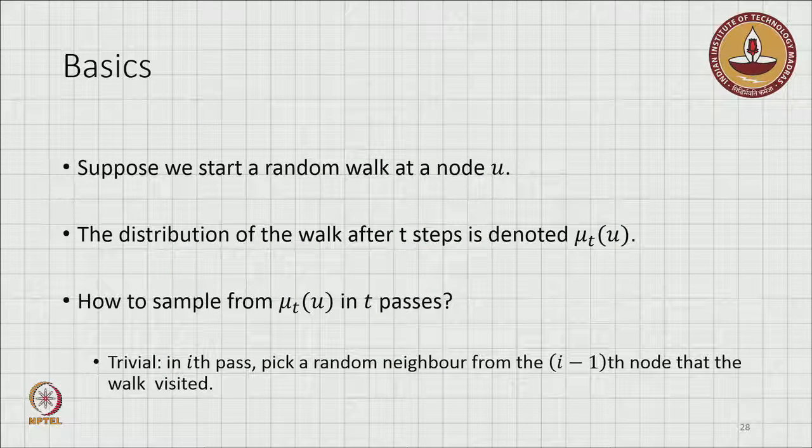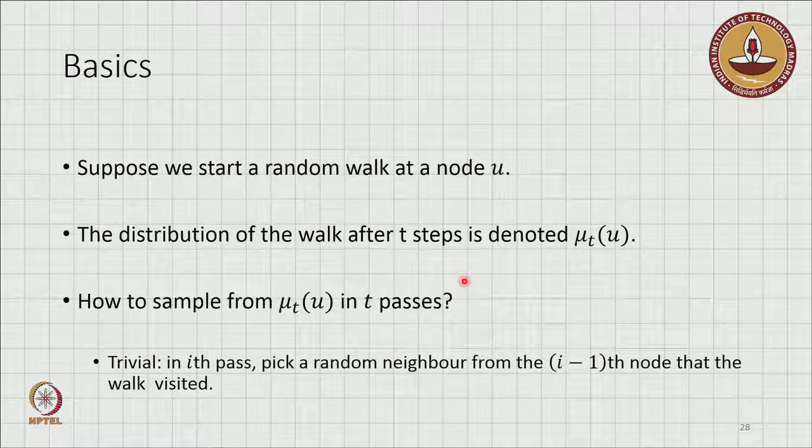And so let's set up some basic notation. Suppose we start a random walk at a node u. Now let's say we allow that random walk to do t steps. After doing t steps, this random walk is in some location, and if you think about it, the location is a random variable.